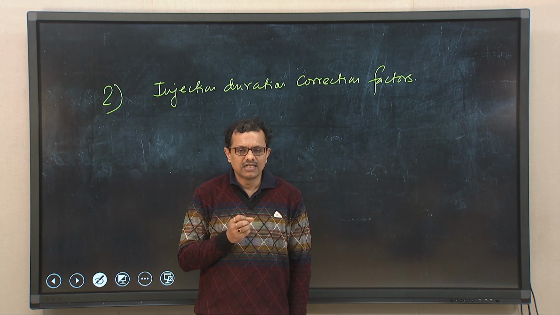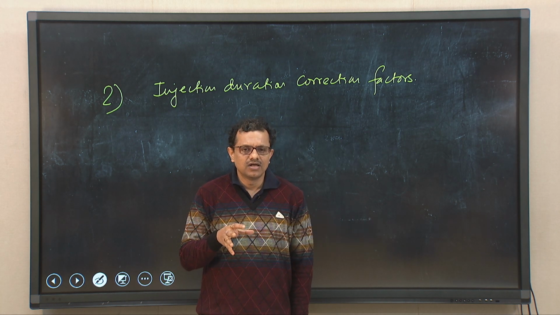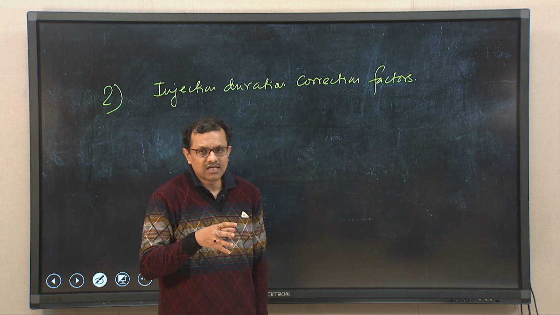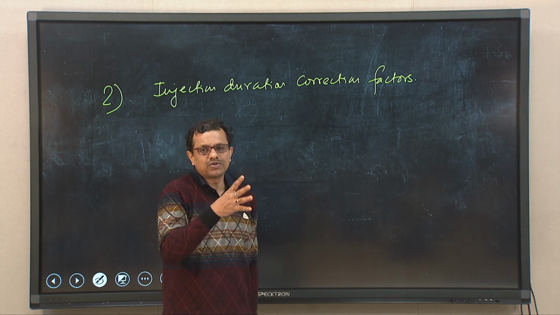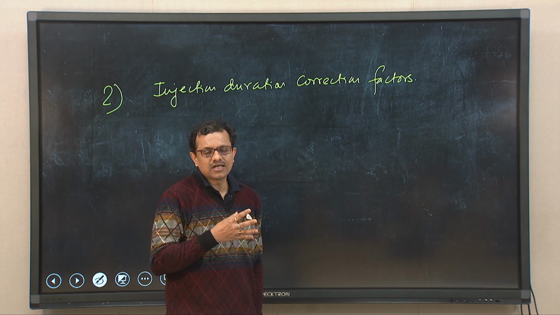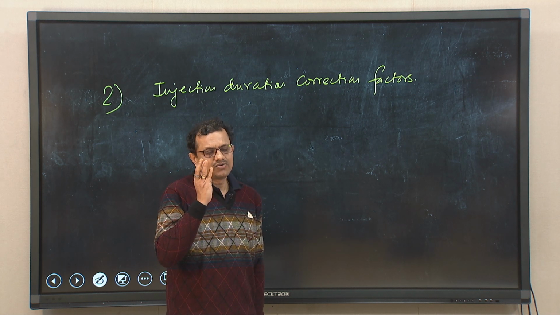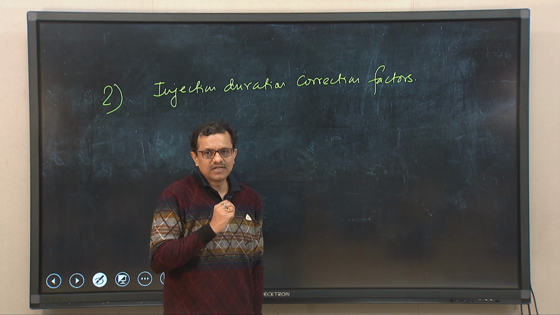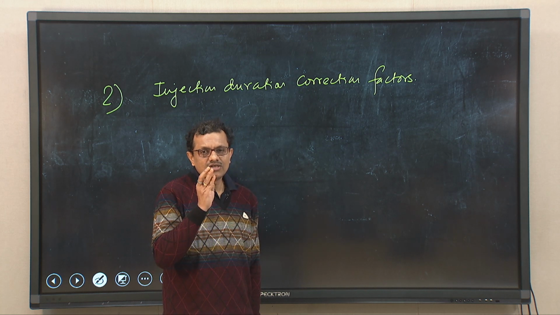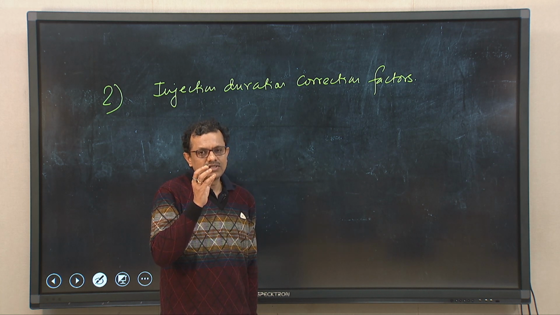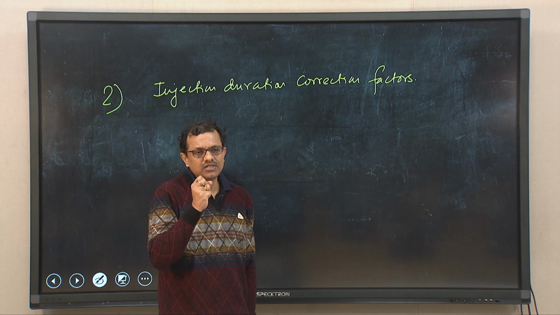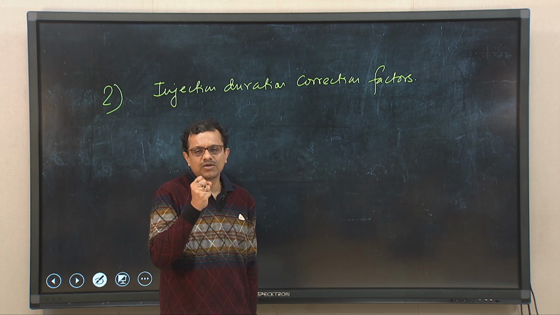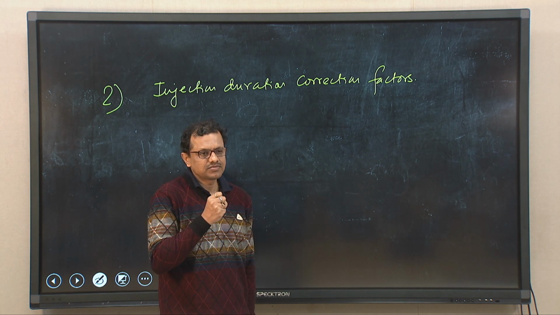Now, there are many other sensors which are responsible to give some input to the ECU, and those sensors are the engine coolant temperature sensor, the intake air temperature sensor, and the exhaust gas sensor, which senses the presence of oxygen in the exhaust gas.